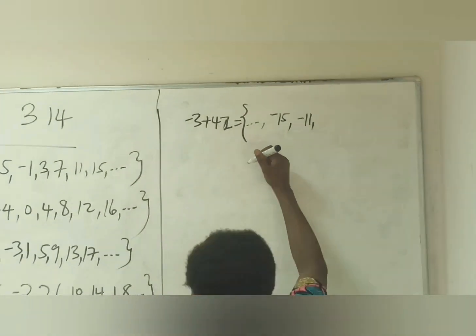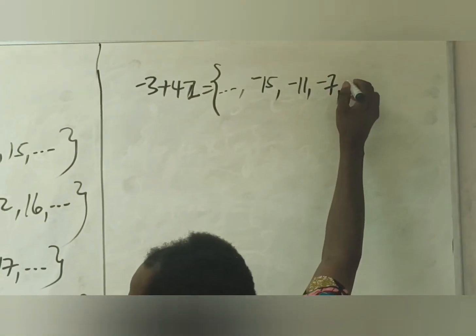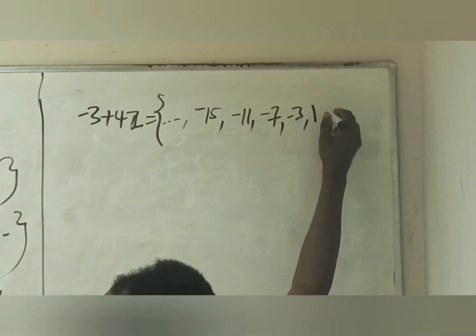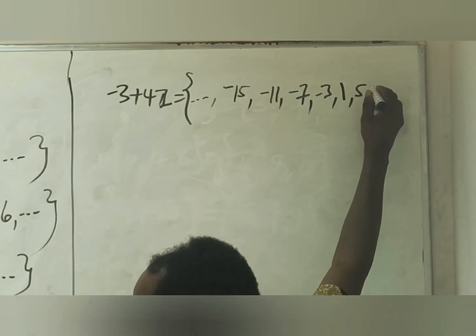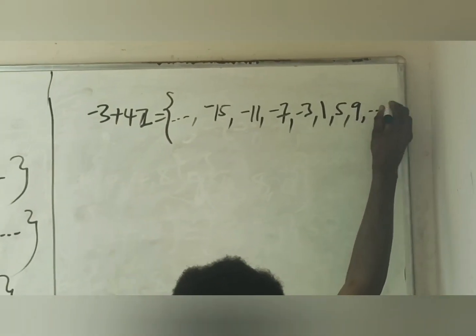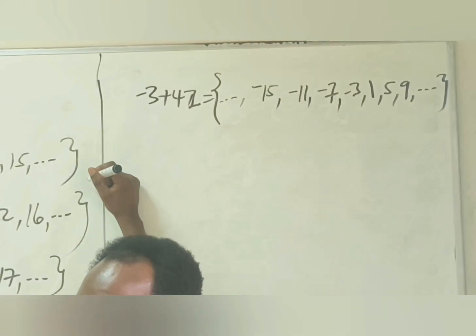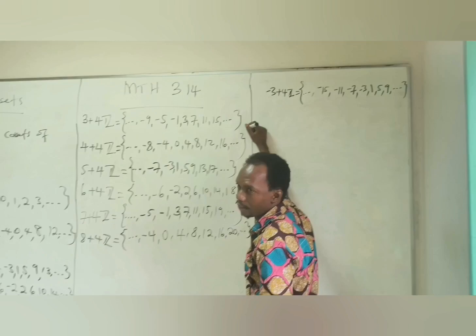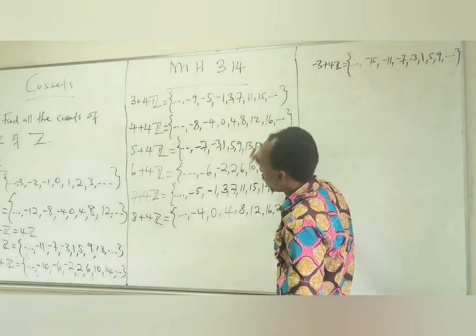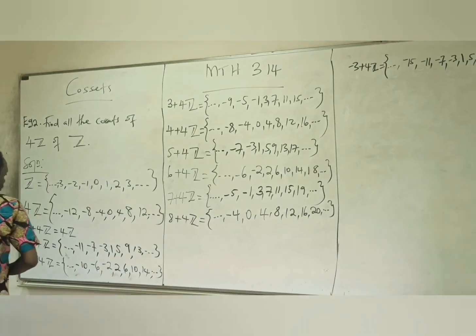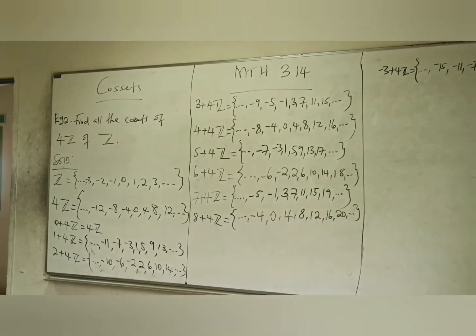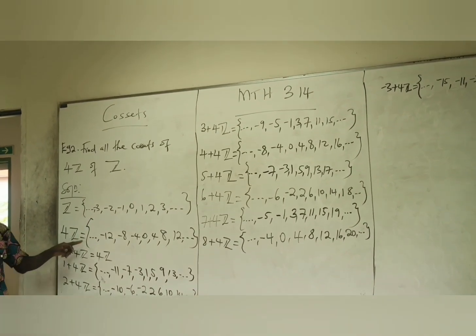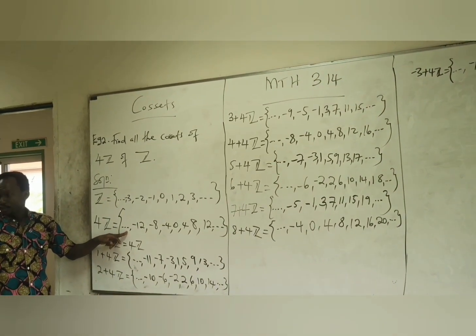Negative 3 plus 4 is 1. Negative 3 plus 8 is 5. Negative 3 plus 12 is 9. Is that what you're talking about? In the generation of 4z, we started from 0. We needed to generate from negative 3?